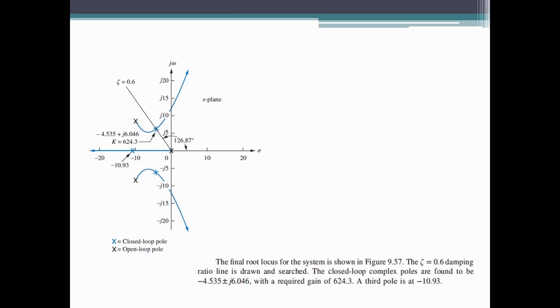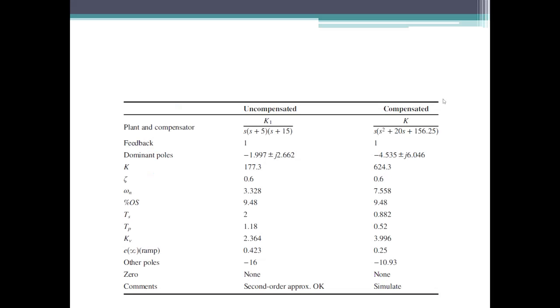As we draw the 0.6 damping ratio line along the 126.87 degree angle, we find the closed loop complex poles at negative 4.535 with a required gain of 624.3. So K is equal to 624.3, and the third pole is found at negative 10.93.